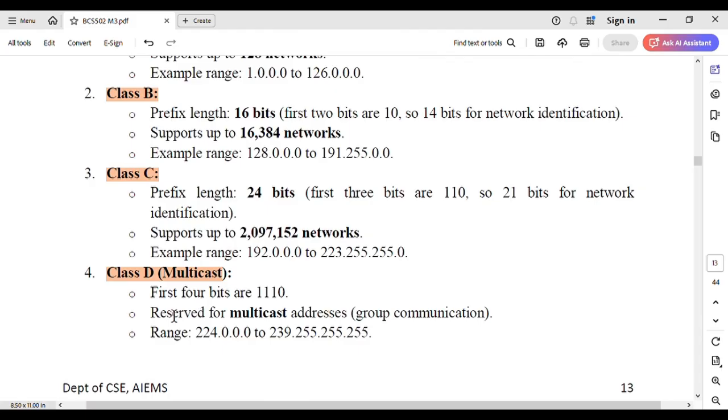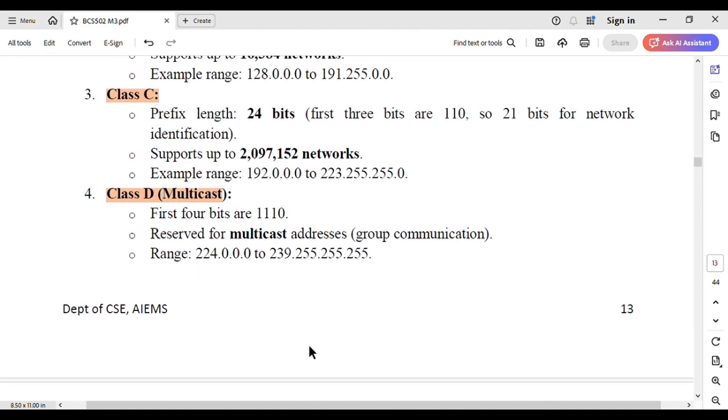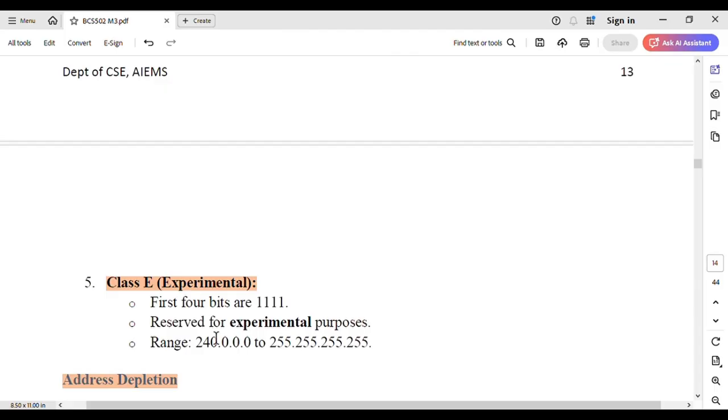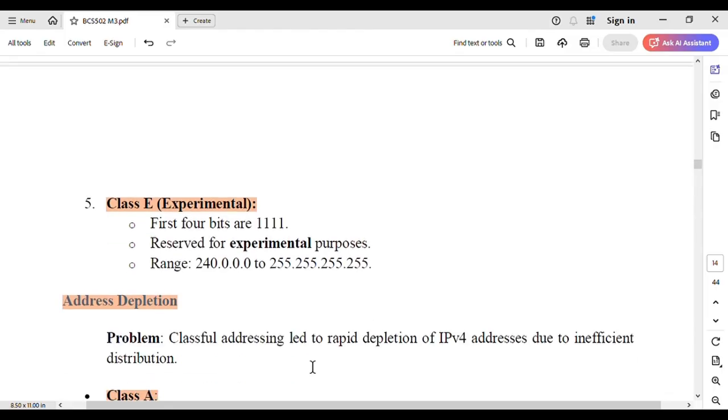Next, class D has first 4 bits 1110 and is reserved for multicast addresses, with a range of 224 to 239. Class E is reserved for experimental or research and development purposes. The first 4 bits are all ones, and the range is 240 to 255.